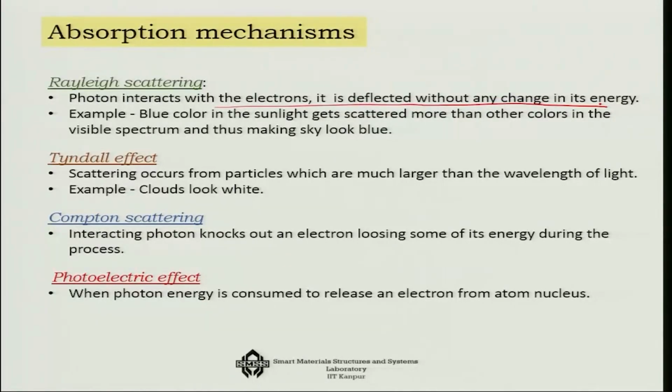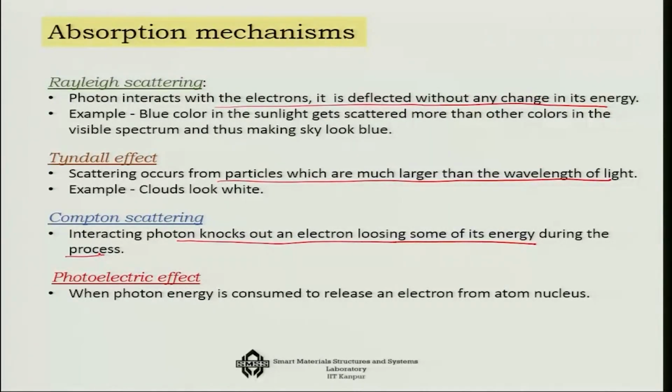There is also Tyndall effect, where scattering occurs from particles which are much larger than the wavelength of light. So, any colloidal suspension for that matter shows this Tyndall effect. Compton scattering, where the interacting photon knocks out an electron losing some of its energy during the process. So, not like Rayleigh scattering.